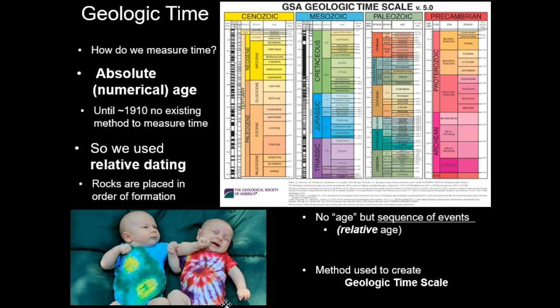We can't always take a sample from a rock unit and take it to the lab and have it dated, partly because we don't have the tools, and partly because there are no radioactive isotopes within that sample, and so we can't do it. So we use other types of principles and tools in order to constrain the age of that specific rock unit.